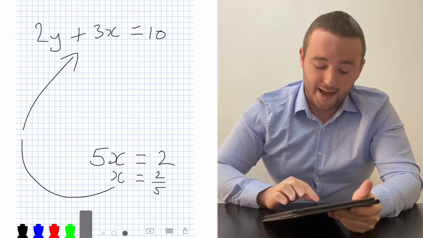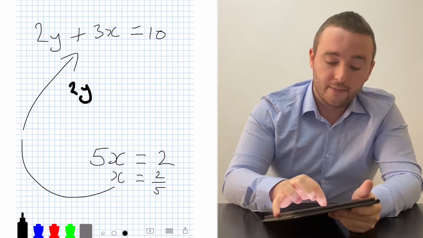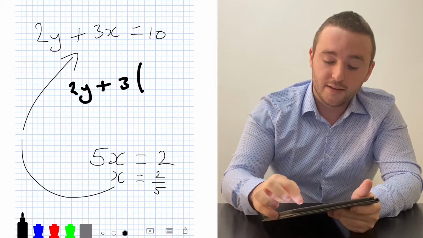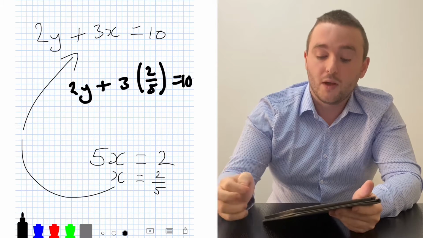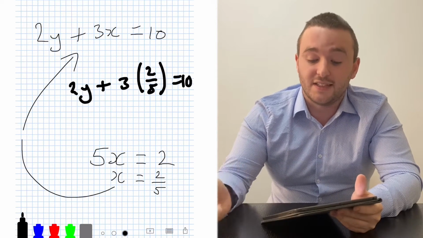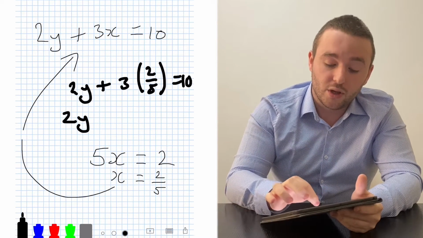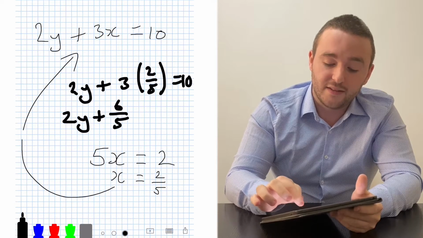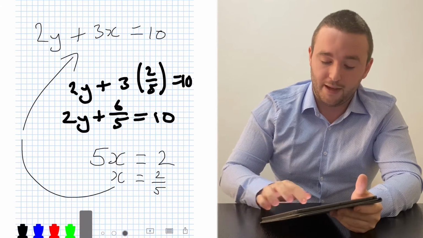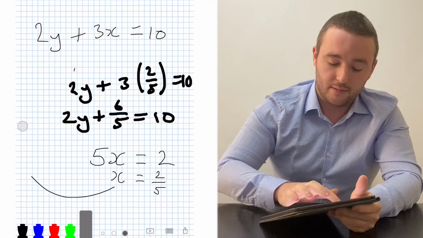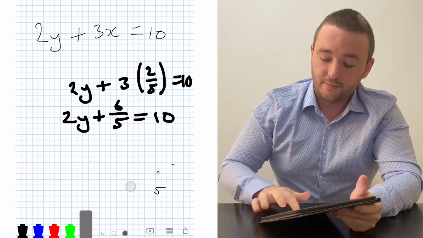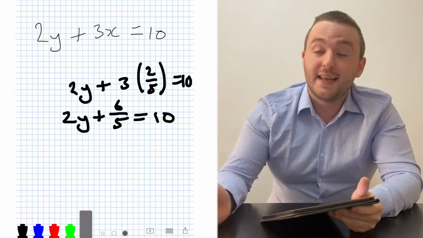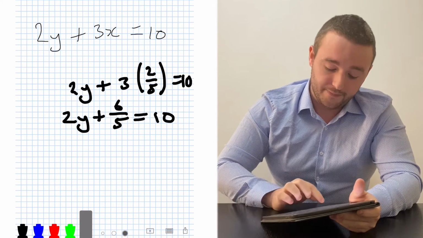When we put x into that, we get 2y plus 3 times 2/5 equals 10. Well, 3 times 2/5 is going to give us 6/5. So 2y plus 6/5 equals 10. Let's take away the 6/5 from the other side.